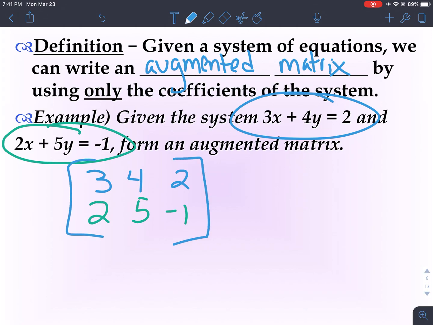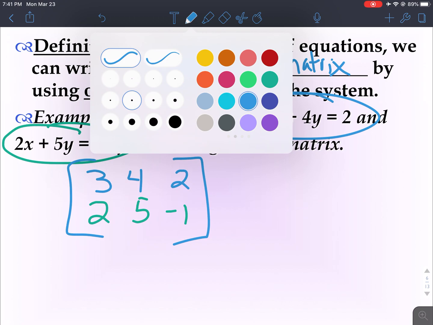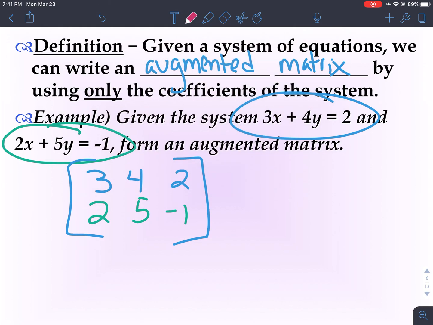Add my brackets, and there you have it. That is an augmented matrix with 2 rows and 3 columns. Most teachers and in other places you see a line there that allows you to tell where the equal sign is. So basically, this is the x column, this is the column of y's, and that's what it equals.